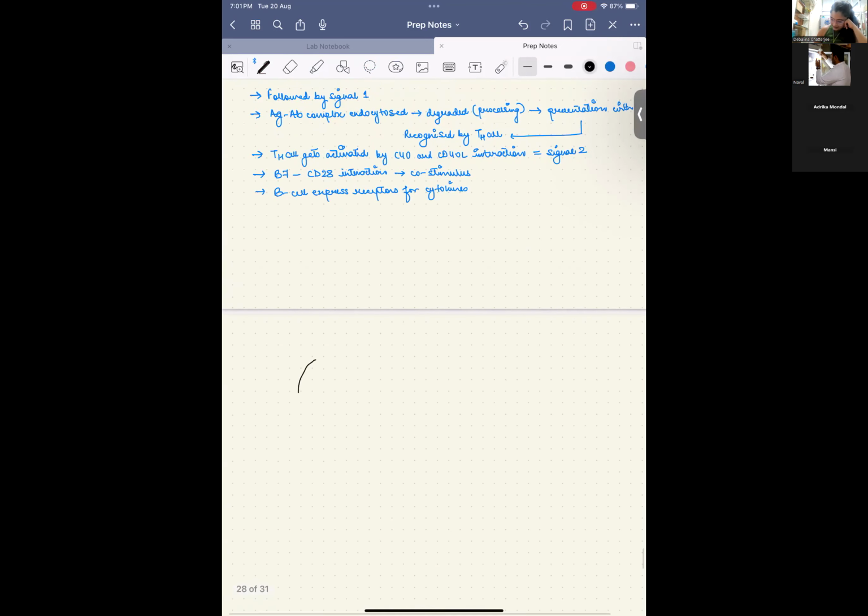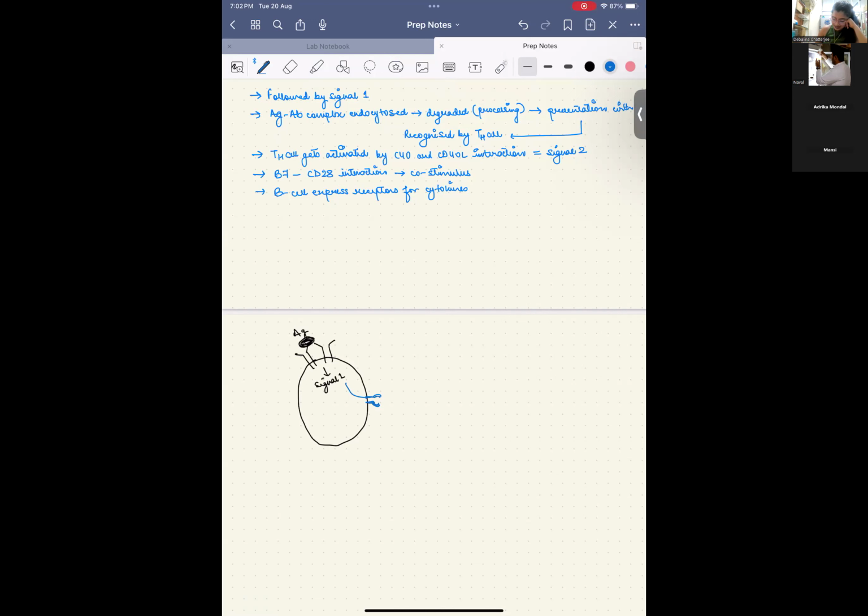So we have the B cell here, the antibody molecules present here, and it has now been cross-linked in presence of an antigen. This gives signal 1. In presence of signal 1, we have class 2 MHC molecule now expressed in higher numbers.